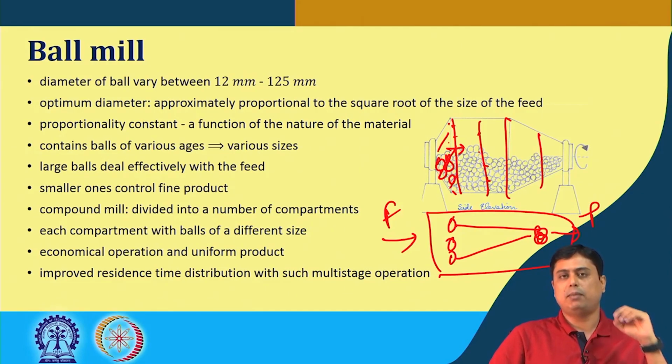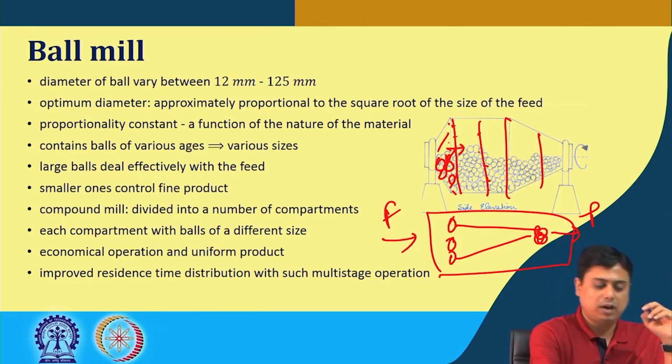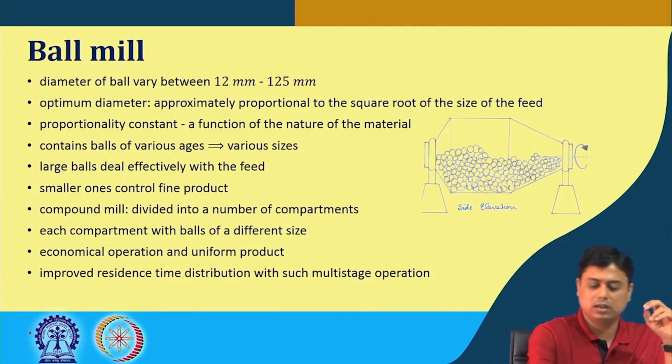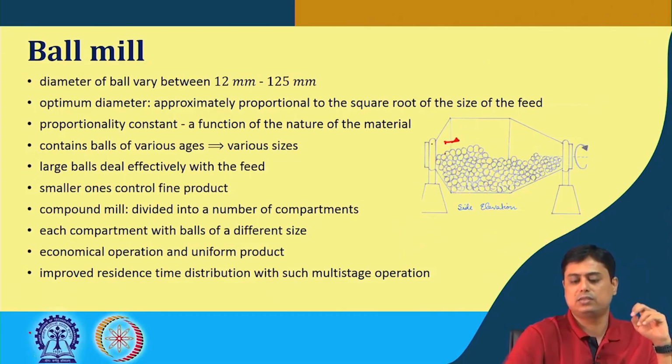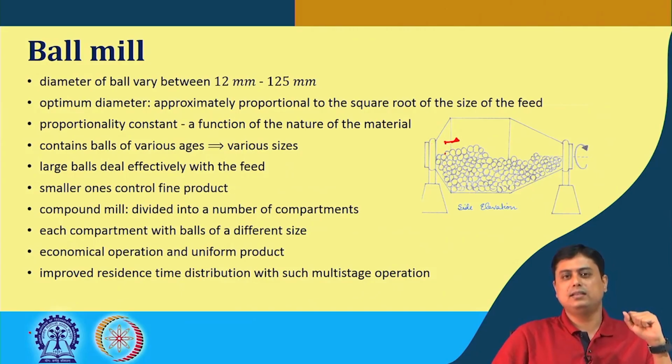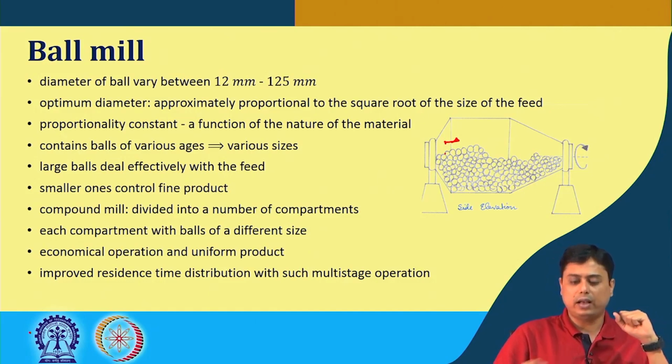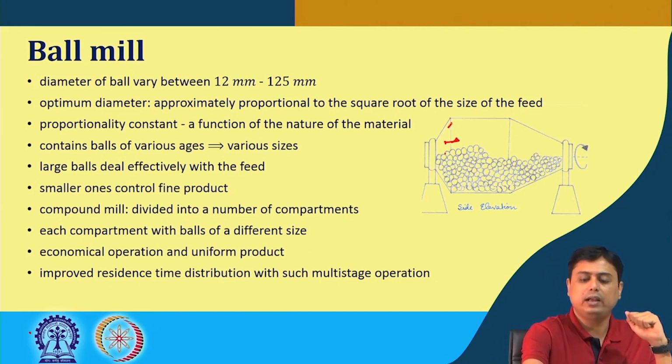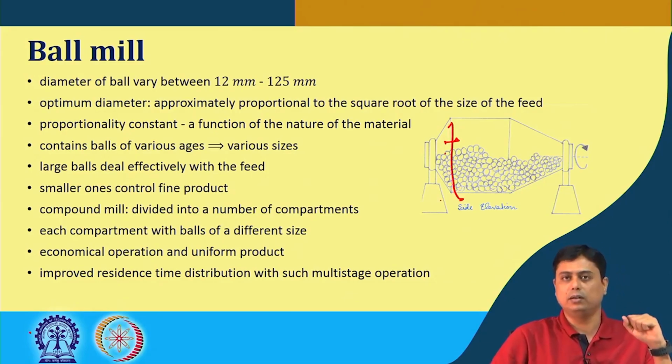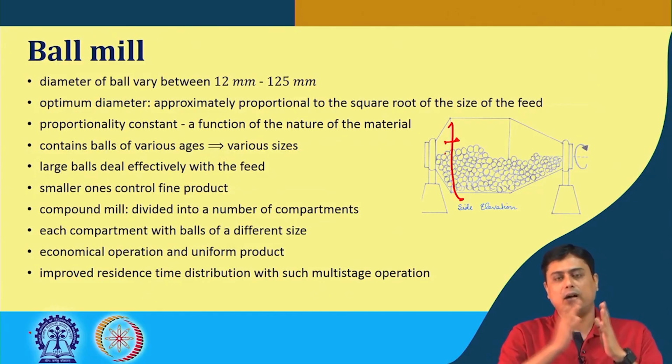So, the particles that have been crushed in this chamber, if that size is not that of the screen size or lower, cannot pass through and would be retained in compartment 1 until that size is obtained. And by doing so, we can have a uniform product and size distribution.